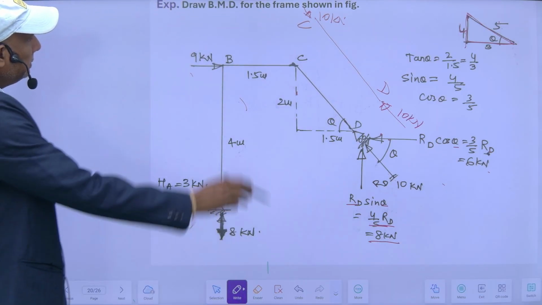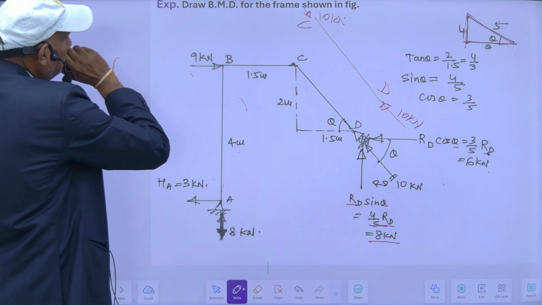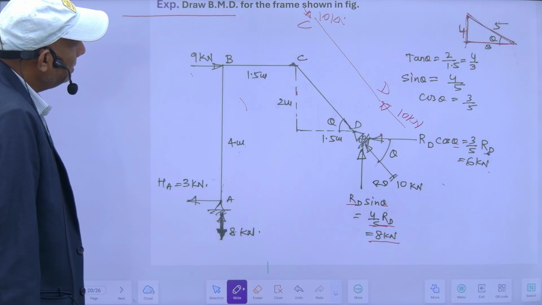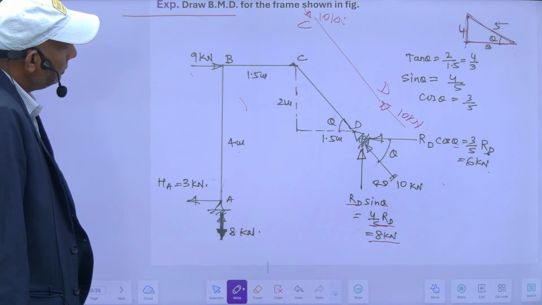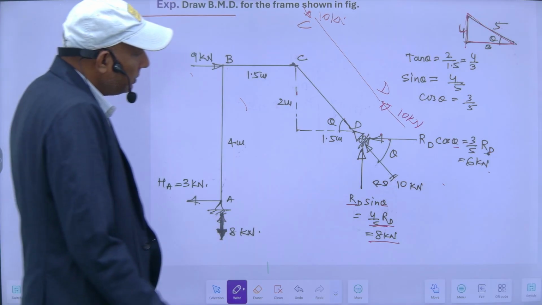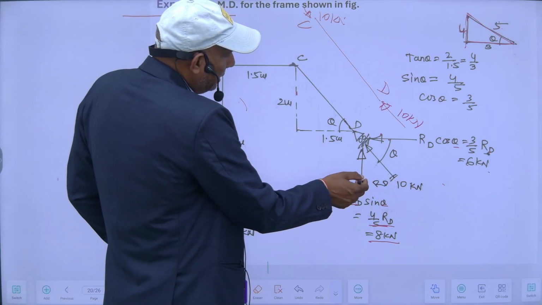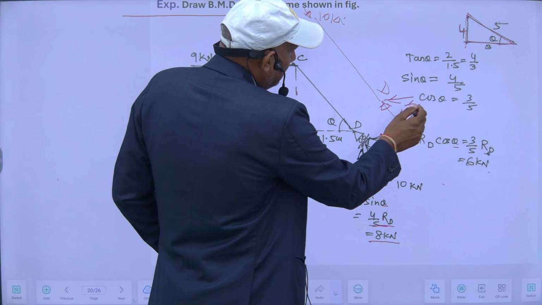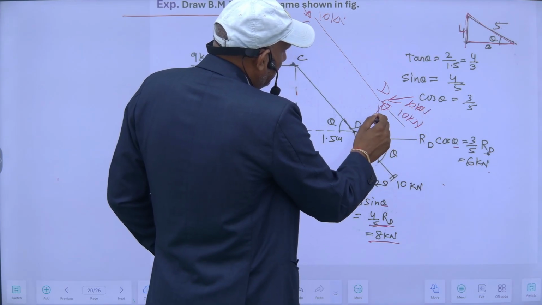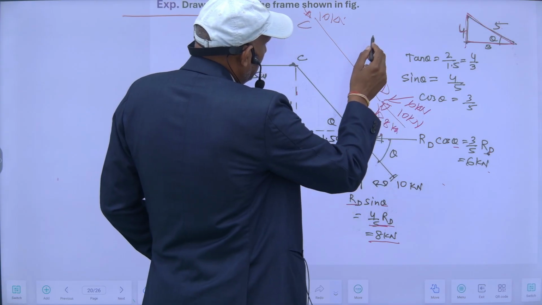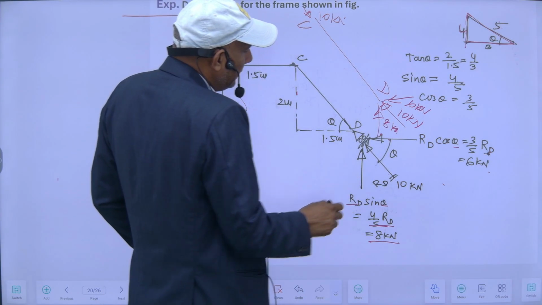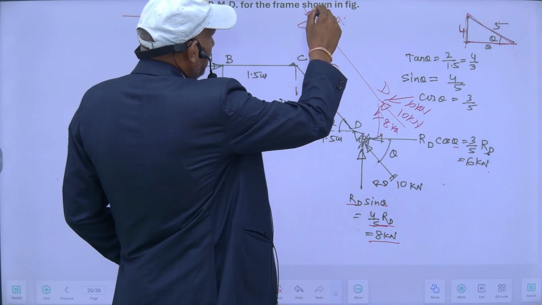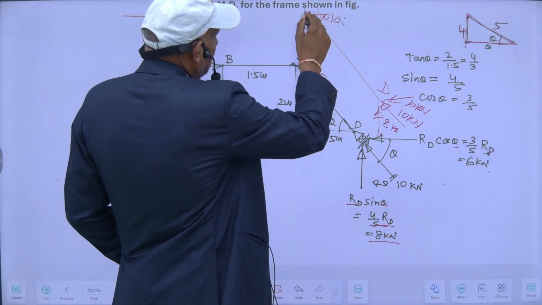And for the BC portion, I can also draw its shear force diagram. This is 6 kilonewton, this is 8 kilonewton. This must be downward here.